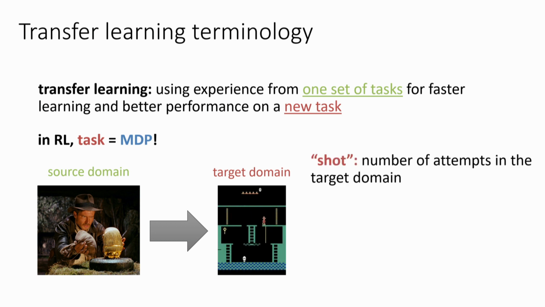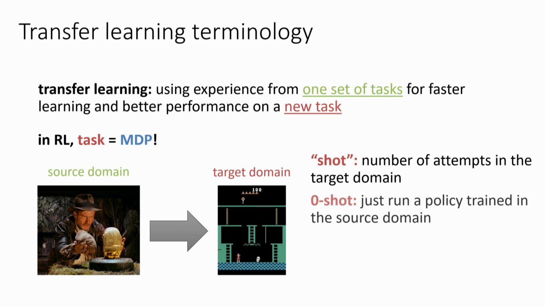Oftentimes, when people talk about transfer learning, they'll use the term shot to denote the number of attempts in the target domain. So for example, if you've learned a highly generalizable policy, typically from a couple of different source domains, or maybe a large number of source domains, and that policy is so powerful and so generalizable that it can solve a new target task on the very first try, then we would say this is a zero-shot generalization or zero-shot transfer, meaning that without having attempted the task even a single time before, it is already successful in the new domain.